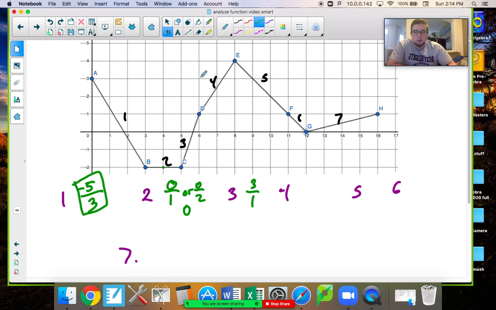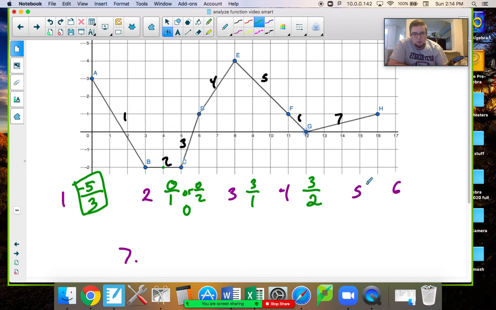Section 4, 1, 2, 3, 1, 2, so up 3, right 2. And this is the best part from going left to right. You know your bottom number is always going to be positive because you're always moving to the right. We've got, all right, from E to F, that's 1, 2, 3, 1, 2, 3.